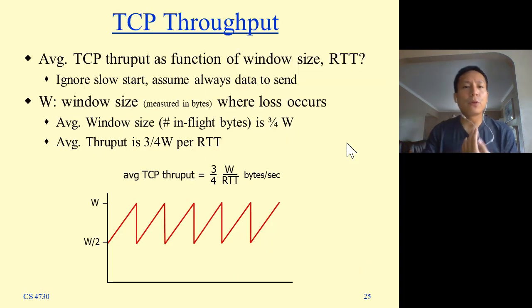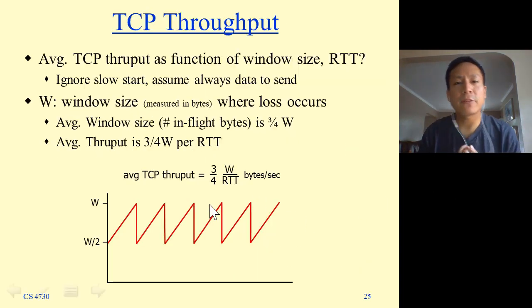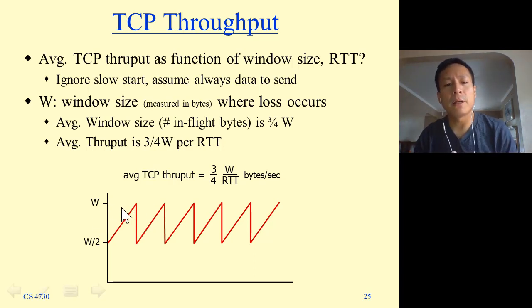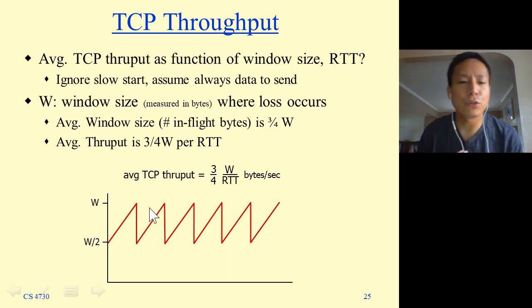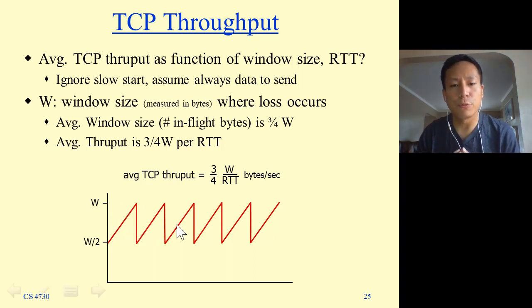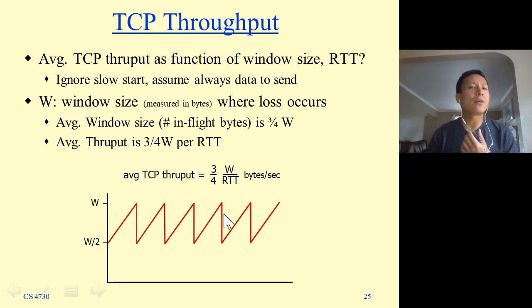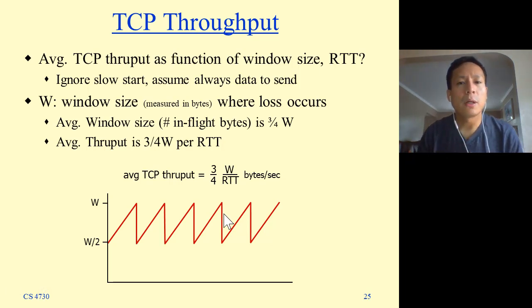So the overall throughput, because we have a sawtooth shape for the congestion window size, and this window size is approximately proportional to the overall sending rate or throughput, right? For example, if we ignore the slow start, because slow start usually is very fast, right?